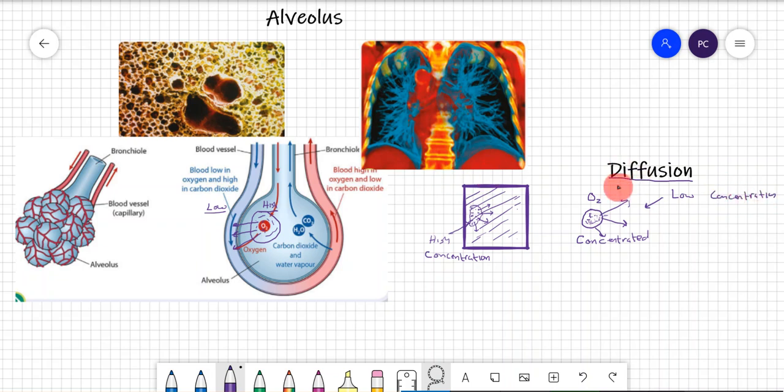This is a process known as diffusion. So basically you have a high concentration of gas here, and it moves into an area of low concentration. It starts to spread out naturally.